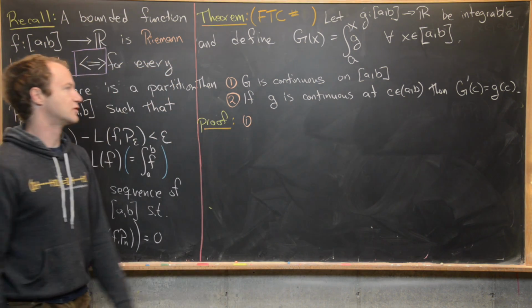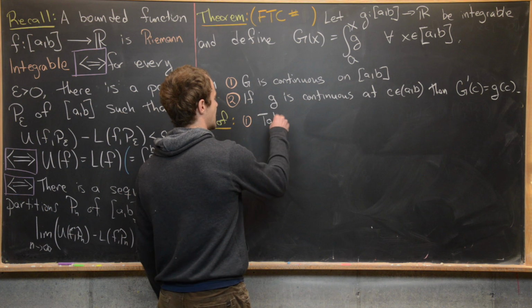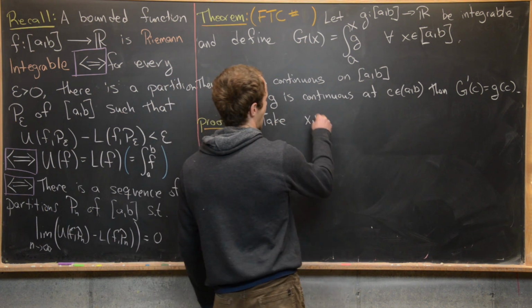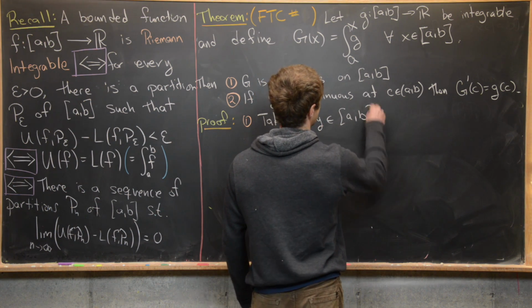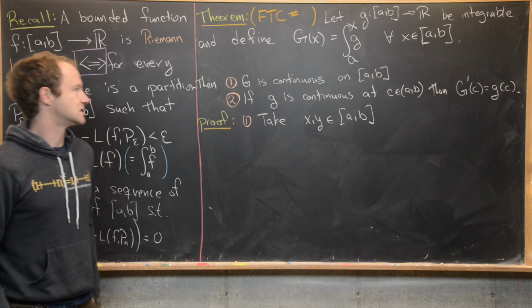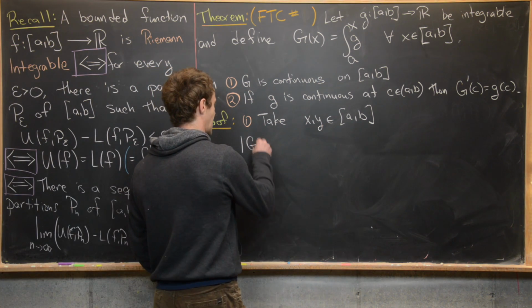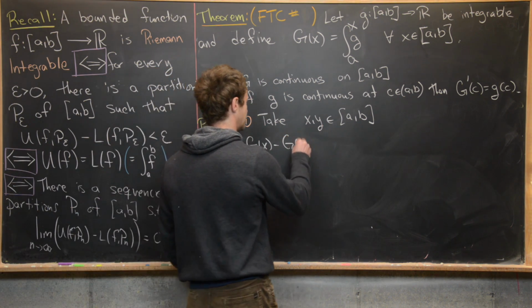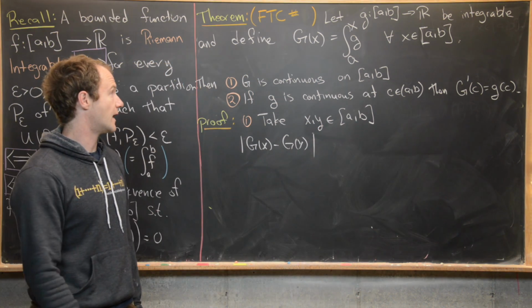In other words, we want to prove that G is continuous on [a, b]. So let's go ahead and take x, y somewhere on the interval [a, b], like that. And then next, we want to look at the absolute value of the difference of G of x and G of y.